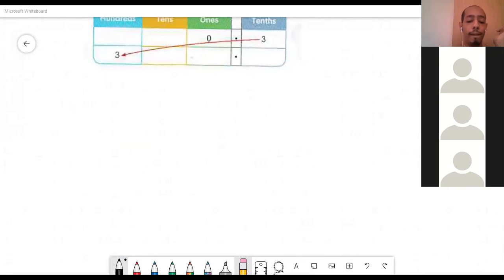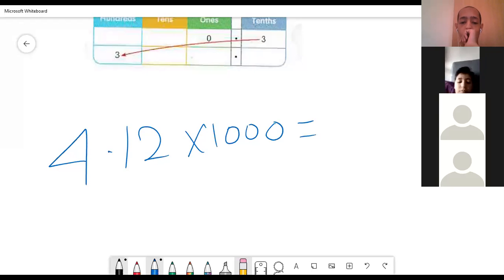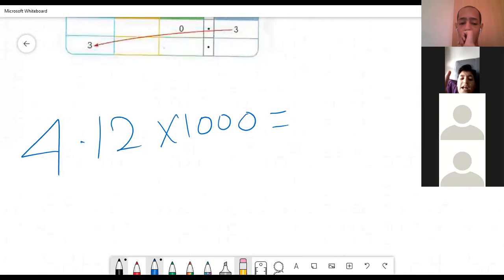Multiply 0.12 by 1000. Teacher, it's going to be 4,120. We can move the decimal point 3 places.